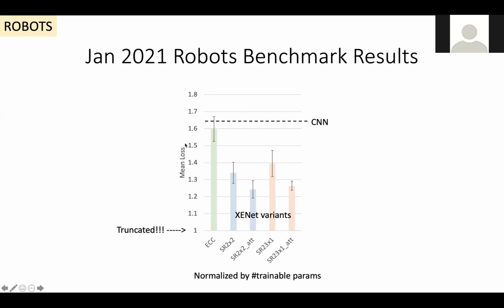The y-axis is the mean validation loss while training, and it is truncated for visibility. It doesn't go all the way down to 0. The input is the board, and the output is my move that I made. So this is just a cross entropy loss. CNN generally just memorizes the most common move I do. ECC does marginally better, but not that much.